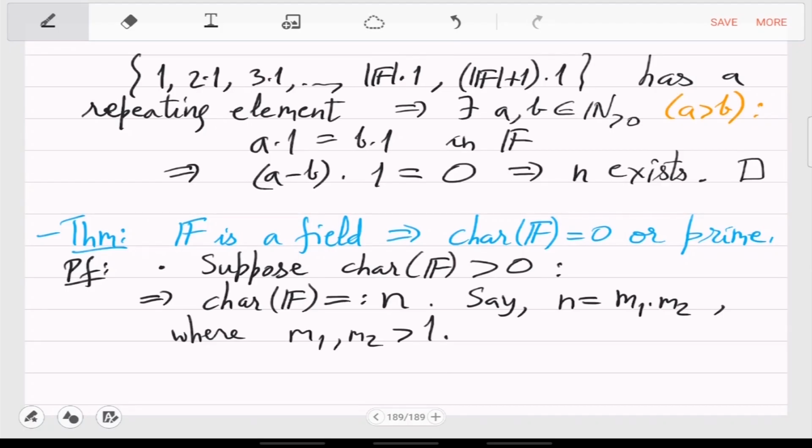Suppose n is not a prime, which means that it will have two factors, both greater than 1. This is exactly the meaning of composite n. What now?